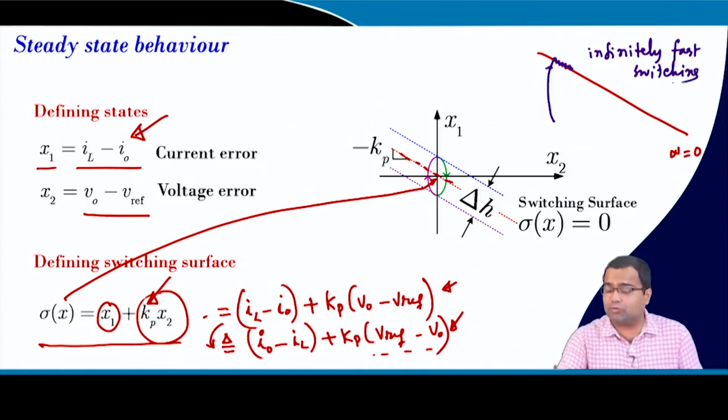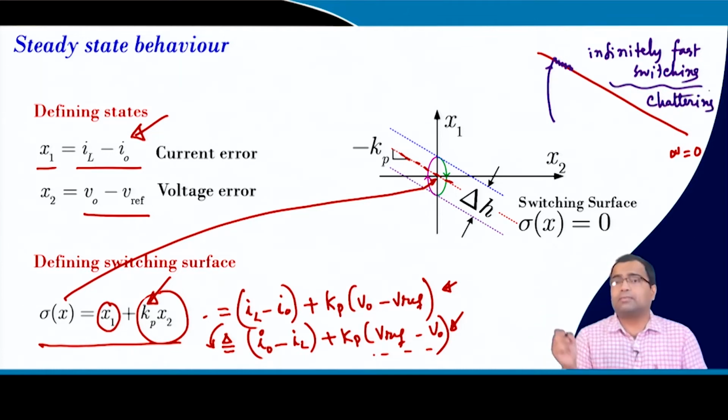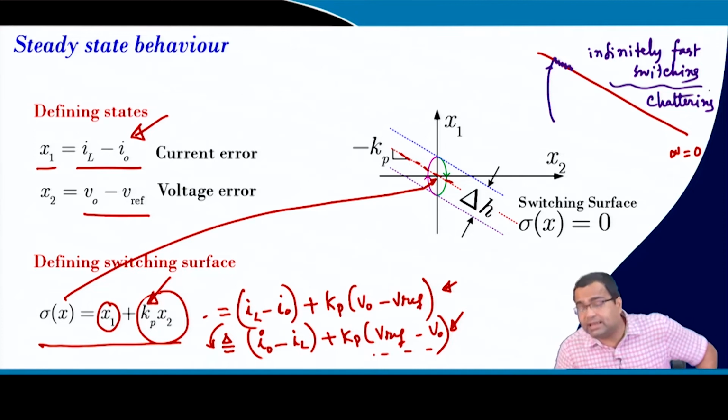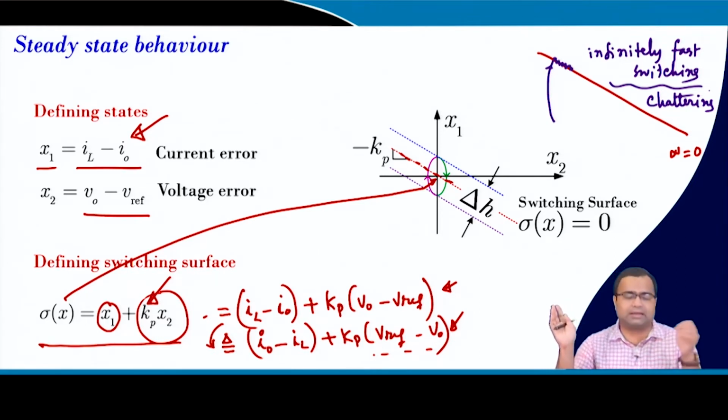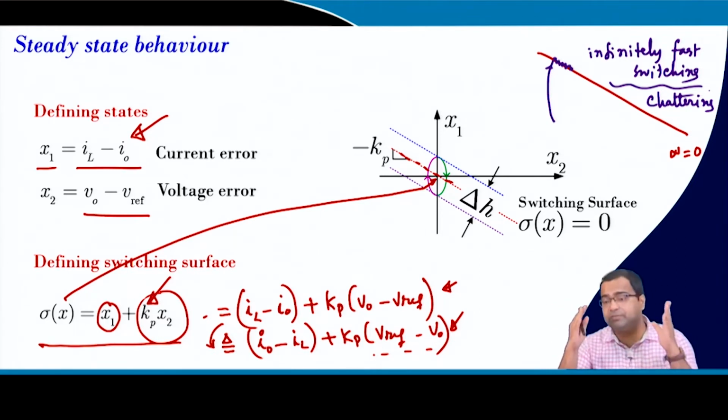This is known as chattering behavior, and we must avoid it, because we are using a practical converter with a practical switch. It will force the device to operate at its hard limit, turning on and off very rapidly, and it can damage the device.